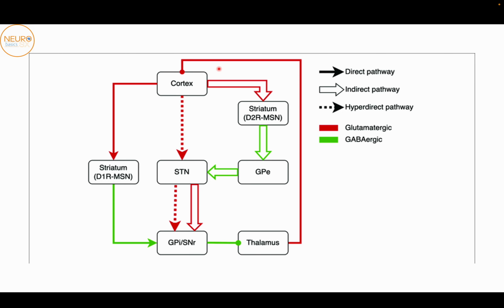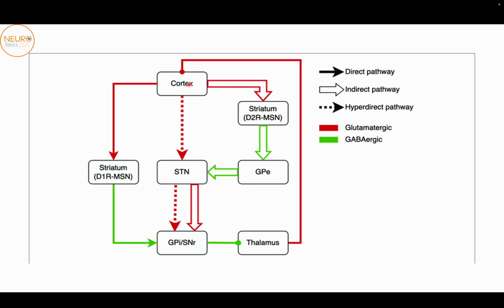Okay, so the direct and the indirect pathway, they begin at the cortex and they go through the striatum to reach the GPI SNR. The direct pathway will directly go from the striatum to the GPI SNR, and as we can see, this is a GABAergic pathway.